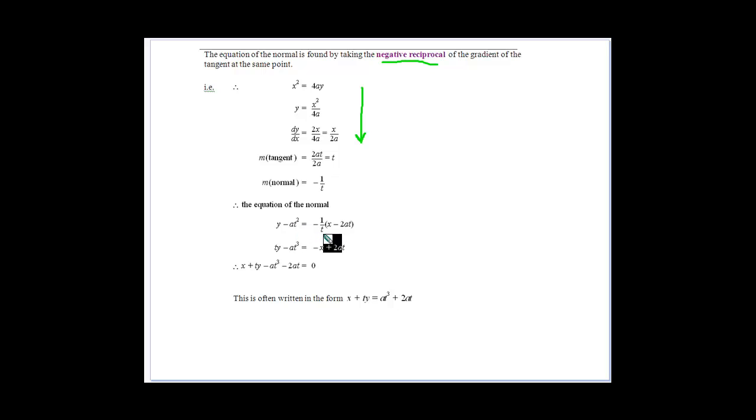Then multiply through by t, multiply through by the negative on the right-hand side, and collect our terms. Oftentimes you'll see it written as x + ty = at³ + 2at. It doesn't really matter if you write it like that, but be wary that you'll see it in that form, with all the x's and y's on one side and all the numbers on the other.